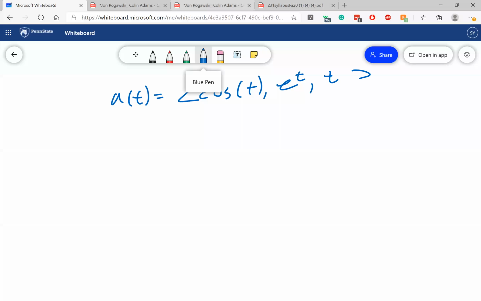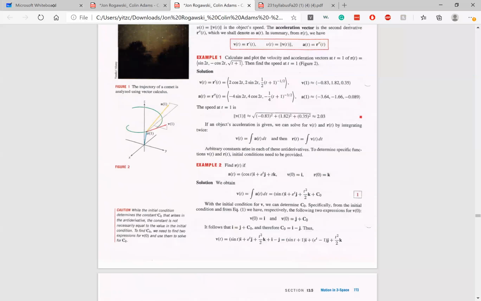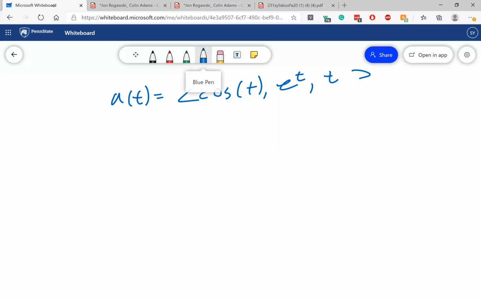And we have that v0 is i and r0 is k. So v0 is equal to i and r0 is equal to k.